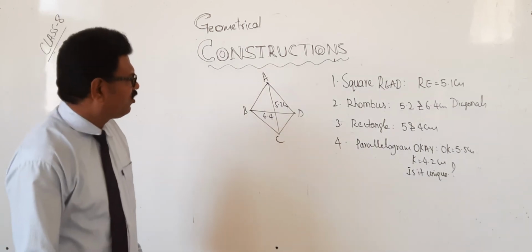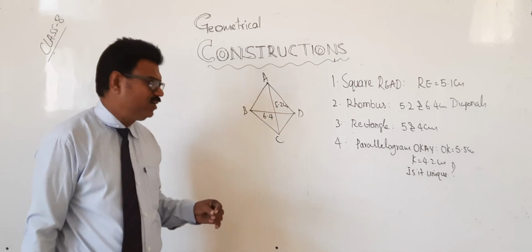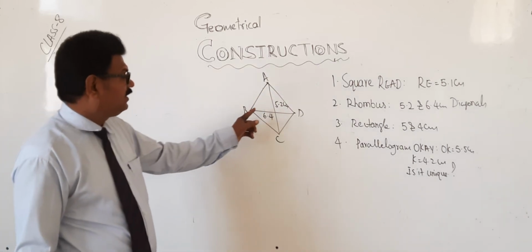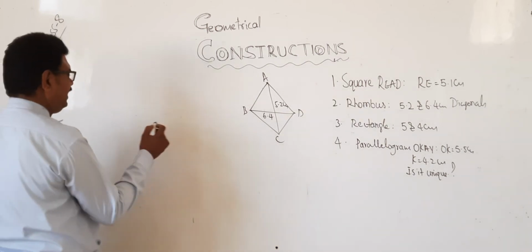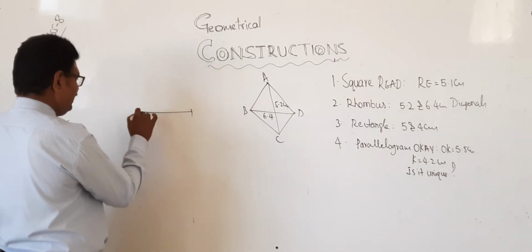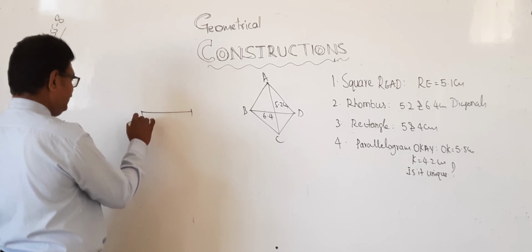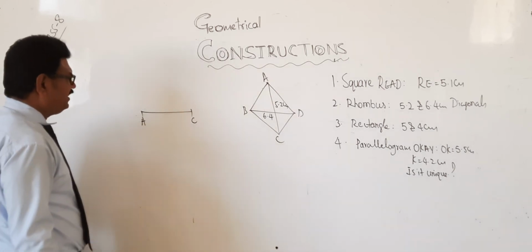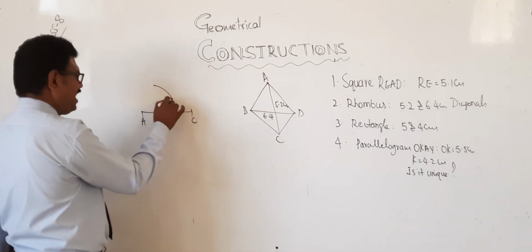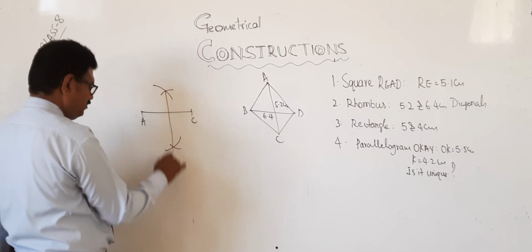We know that in a rhombus the diagonals bisect each other at right angles. Right angle means the angle between them is 90 degrees. Take any one, I will take 5.2, that is AC. Now bisect this: bisect means taking the half, and here also half.